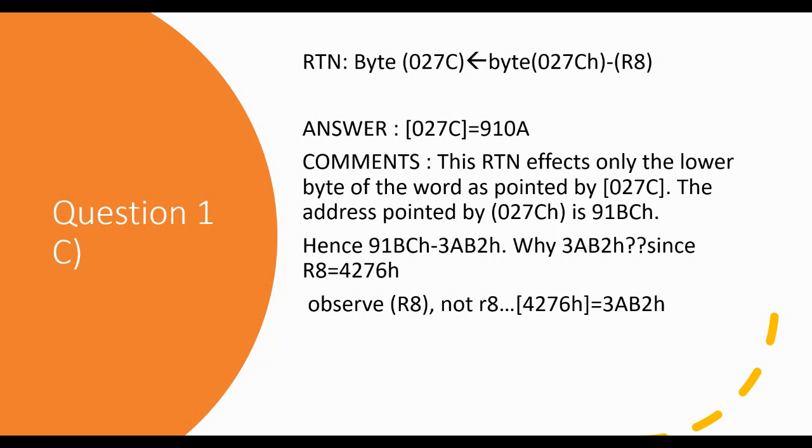According to the original value, it's 91BC. You can see that 91 is being retained. Only BC is being replaced, and is being replaced by the value you get by doing this calculation. Again, this kind of register transfer notation requires you to only affect what's in the lower byte.